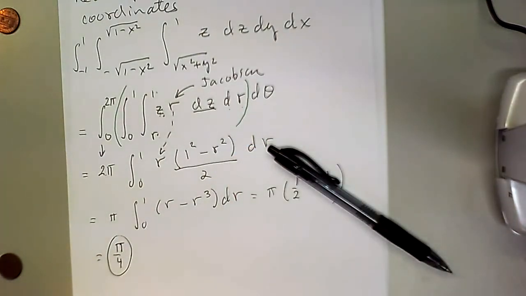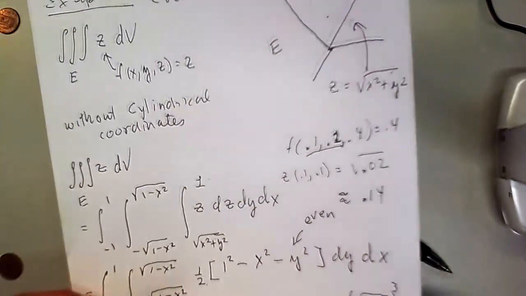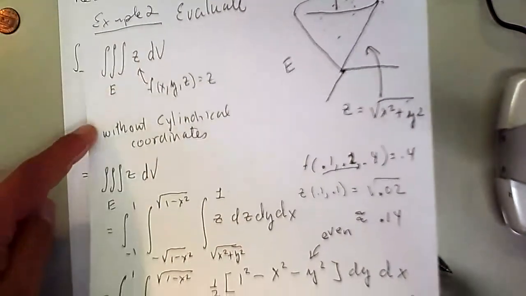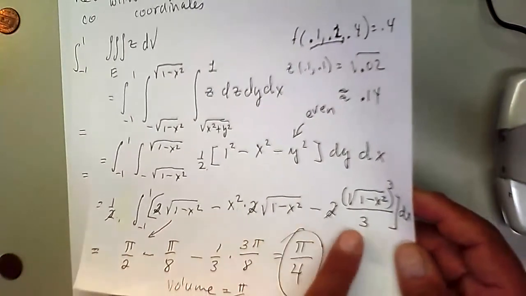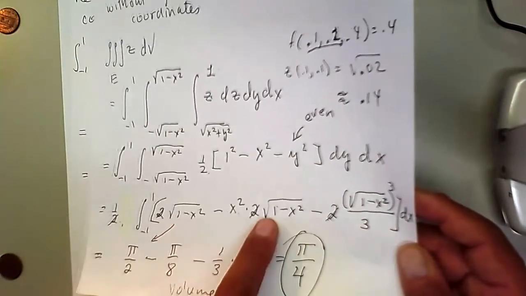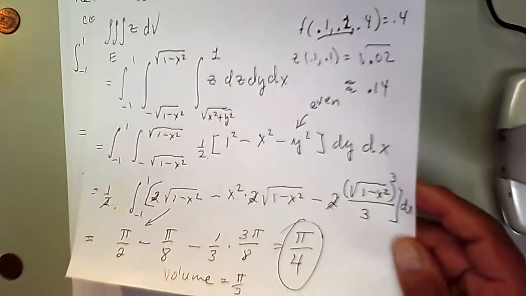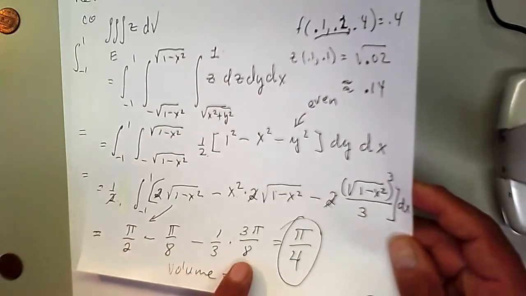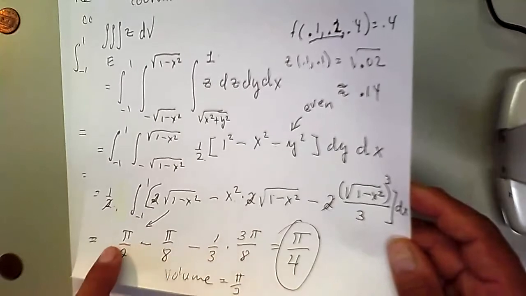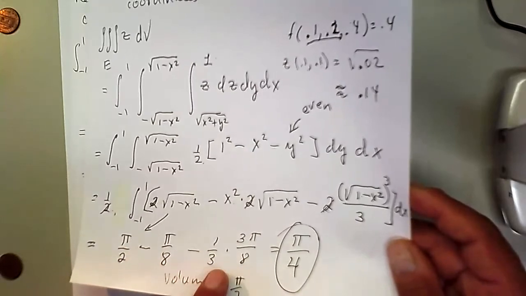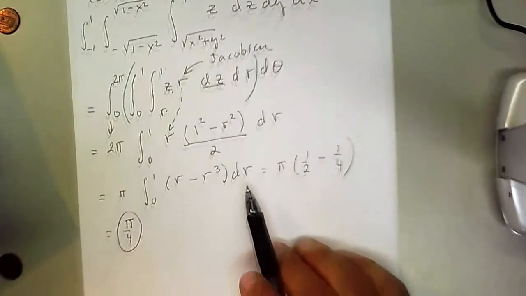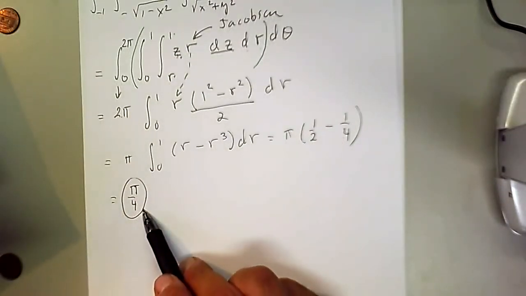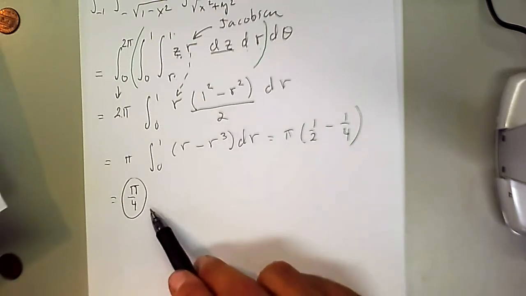Let me double check. Yes, here it is originally. Example 2. We did it. Remember, we did this integral and that integral on 2 extra pages to get pi over 8 and 3 pi over 8. The 3's cancel. Pi over 2 minus pi over 8 minus pi over 8 after the 3's cancel gives us pi over 4, which is exactly the same answer we get by doing this the other way.